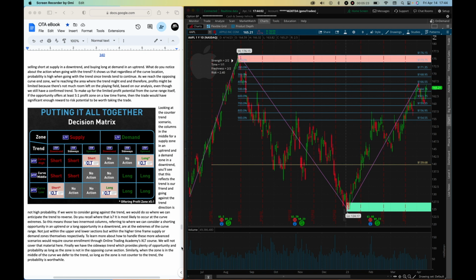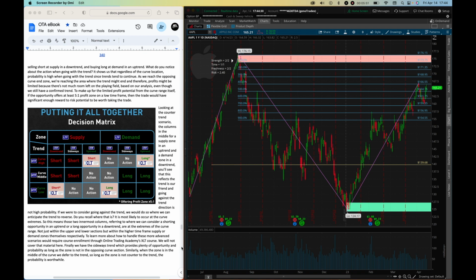If we were to consider going against the trend, we would do so where we can anticipate the trend to reverse. Do you recall where that is? It is most likely to occur at the curve extremes. So this means those two innermost columns referring to where we can consider a shorting opportunity in an uptrend or a long opportunity in a downtrend.